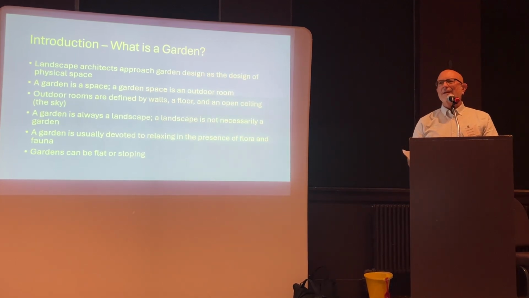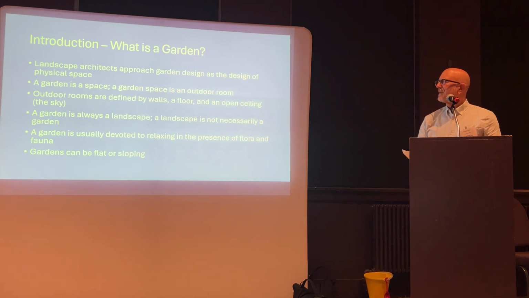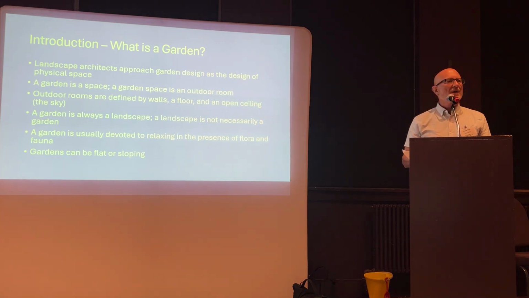Well, primarily, we design gardens as spaces. We think of the gardens primarily as a space, a physical space, before we think of it as a botanical curiosity or anything else. And a space means an outdoor room. A garden space is an outdoor room. Outdoor rooms are defined by walls, a floor, and a ceiling, and the ceiling is an open ceiling, the sky.